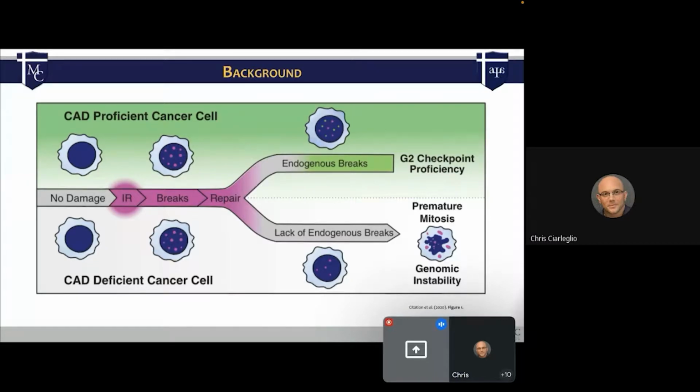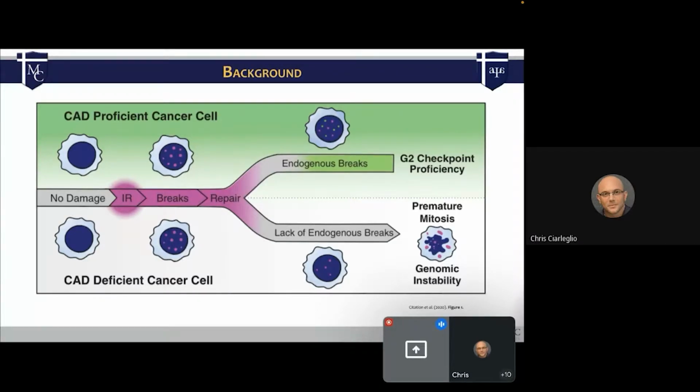What CAD does, when CAD is present inside a cancer cell, is it promotes DNA breaks within the cell, which then keeps the cell at a G2 checkpoint, which means that it prevents the cell from creating malformed DNA, to put it that way, because that's like a survival adaptation. Because if you're going to create deformed DNA, the cell's not going to be viable anymore.